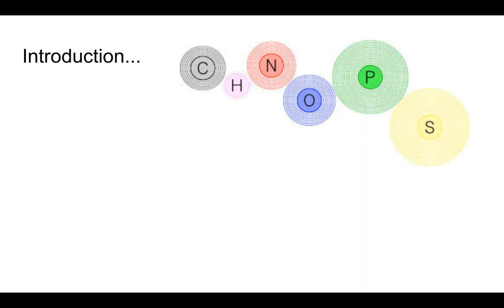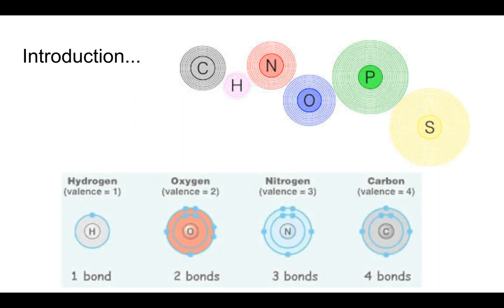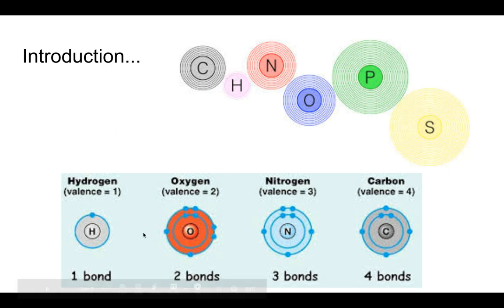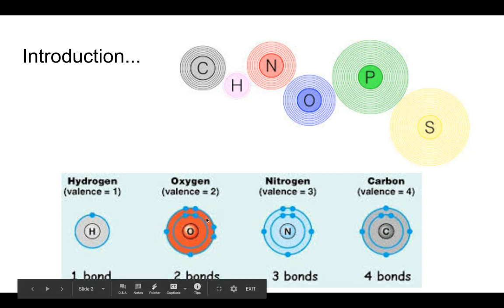Now, you know that if we're going to put together a molecule, we're going to have to form some bonds within that molecule. Bonding is based, not entirely, but in large part, on the valence electrons of the atoms. Here are a few of those six basic elements of life. Here is hydrogen. Notice it has one valence electron. Here is oxygen.